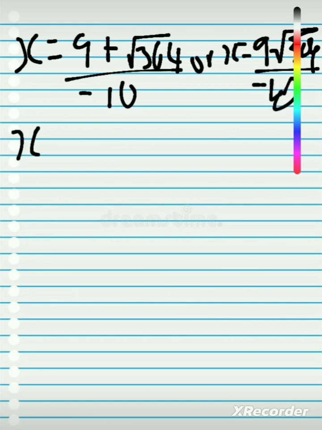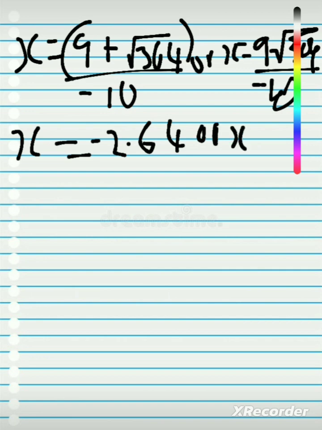When you use your calculator, you do open brackets 9 plus square root of 304, divided by negative 10. You're going to get negative 2.64. Or again, on your calculator, you do 9 minus square root of 304 divided by negative 10. You're going to get 0.84.